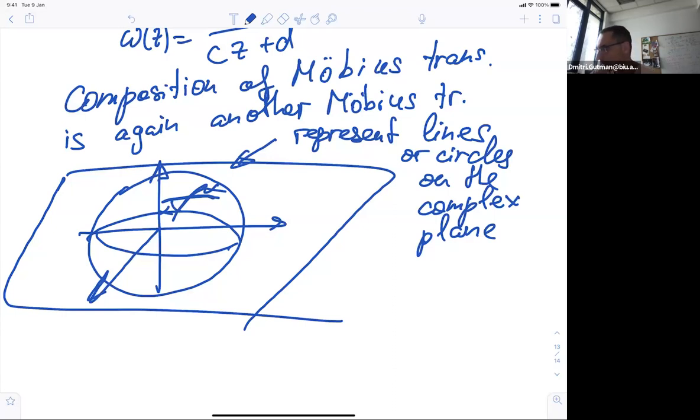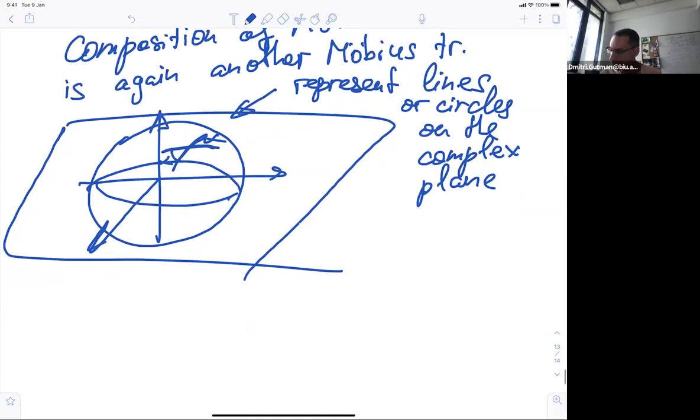But now I know that these lines on the sphere have a one-to-one correspondence to the lines on the complex plane, which means that the lines that were crossing on the complex plane before Möbius transformation at the angle alpha will cross at the same angle after Möbius transformation. So angles between crossing lines are preserved.